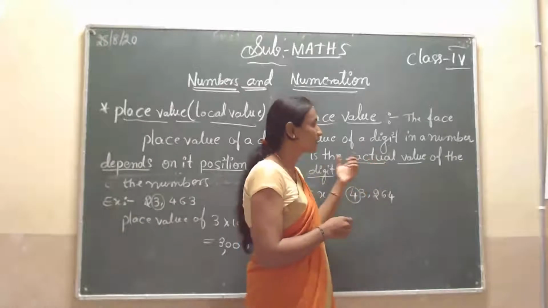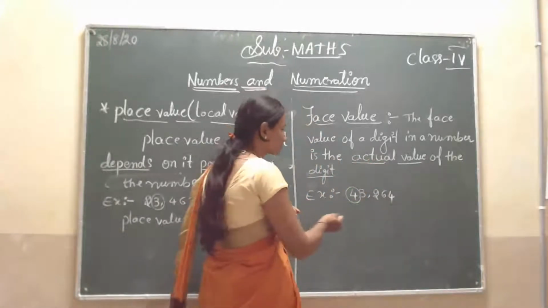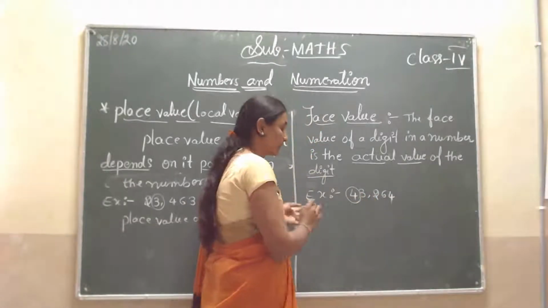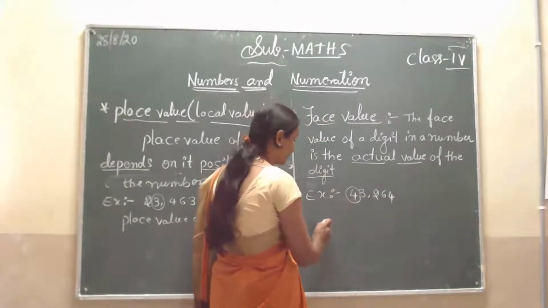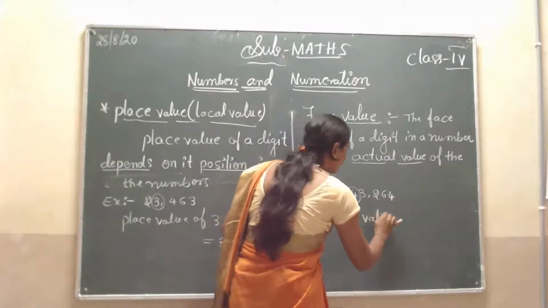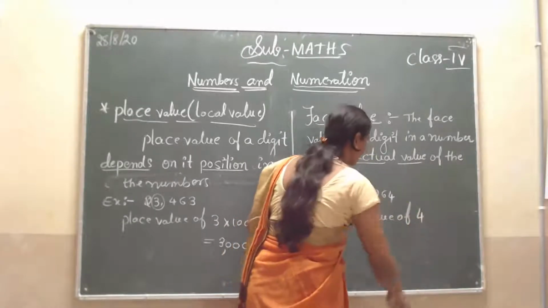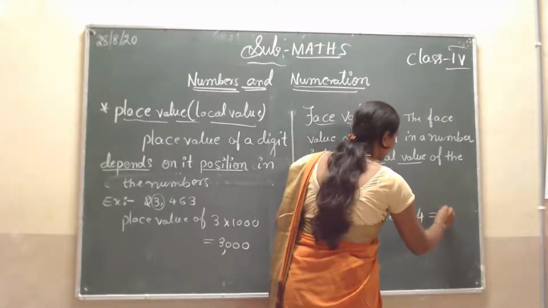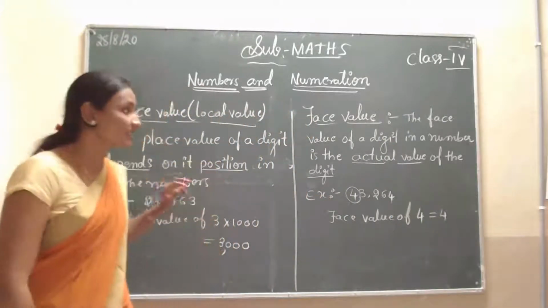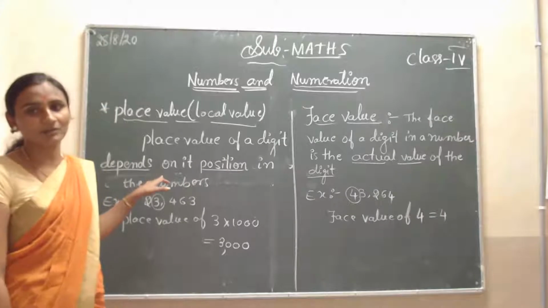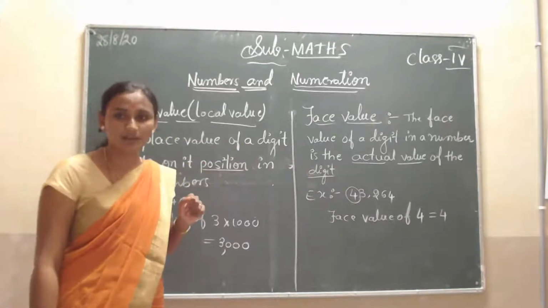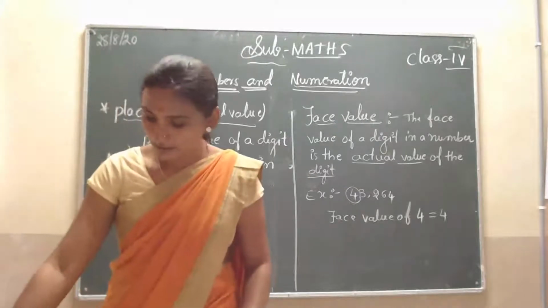So you write the digit itself, which is 4. Place value depends upon position, so you multiply the digit by its position, but the face value is just the digit.